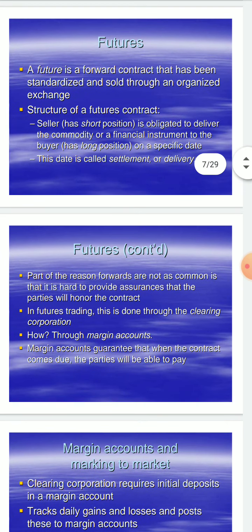This is also a contract for a future date, but in the case of an option, the buyer will have an option to buy at a predetermined price, and the seller has to compulsorily sell. The buyer will have an option to buy, the seller will compulsorily sell.